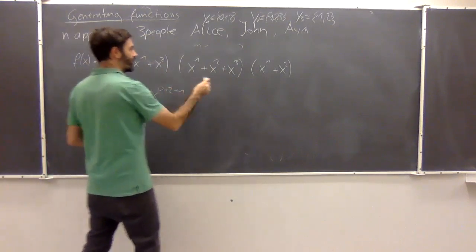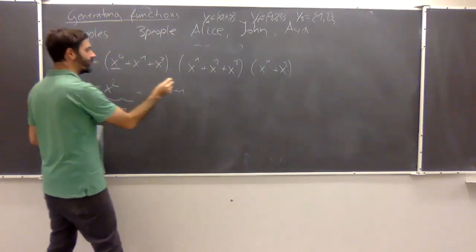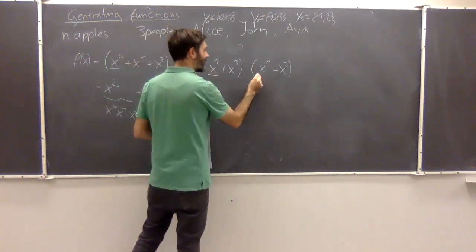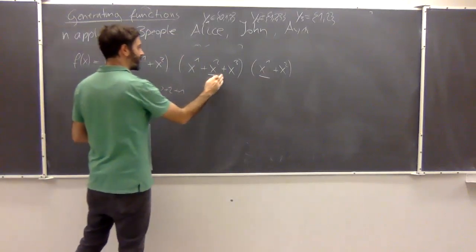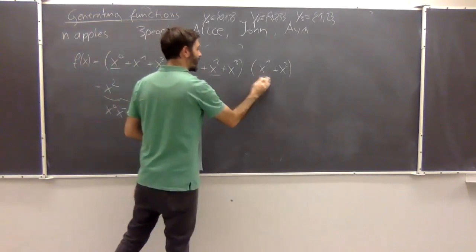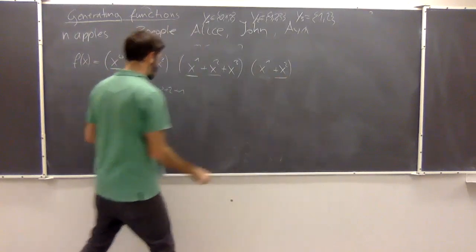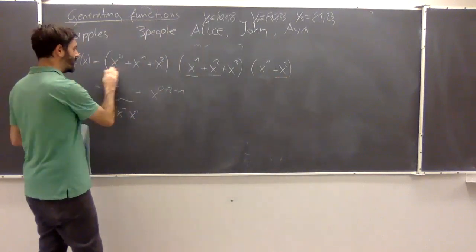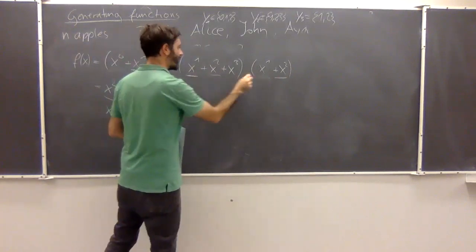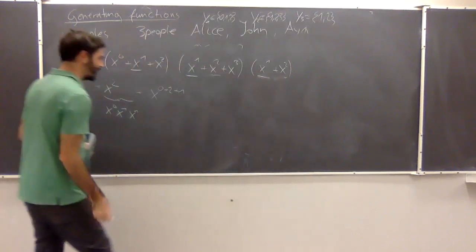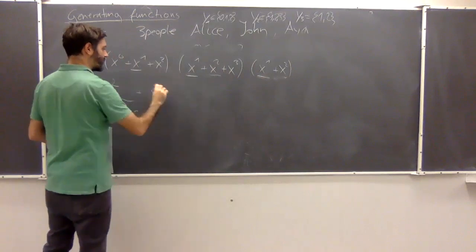So now I've chosen here the 0, here the 2, and here the 1. But I could also choose here the 1 and here the 2 and get the same power. Or I'm choosing here the 1, here the 1, and here the 1, and in all cases I'm getting an x to the power 3.